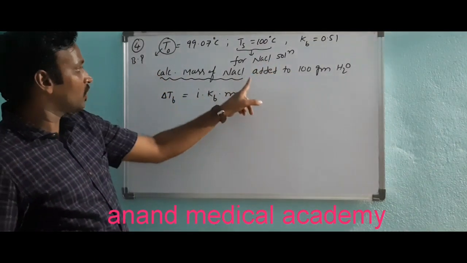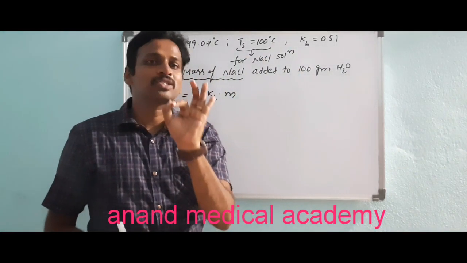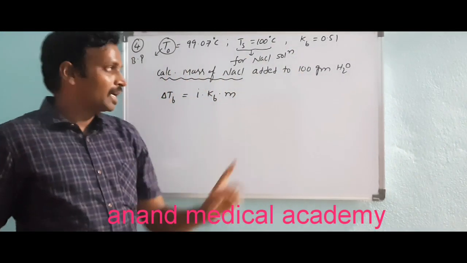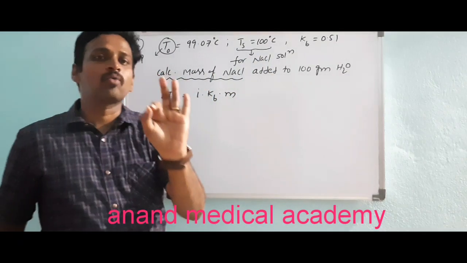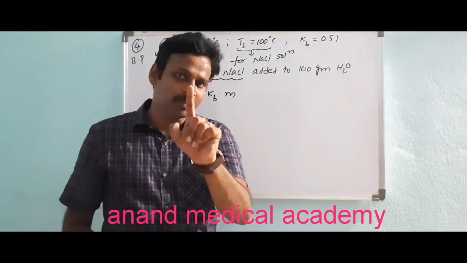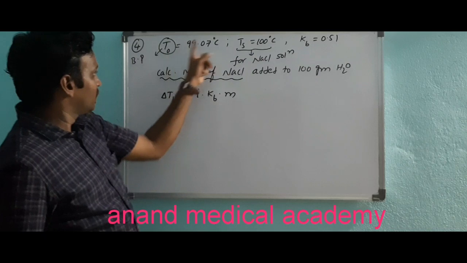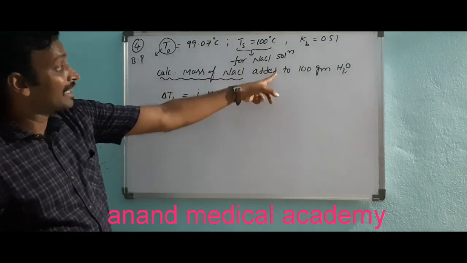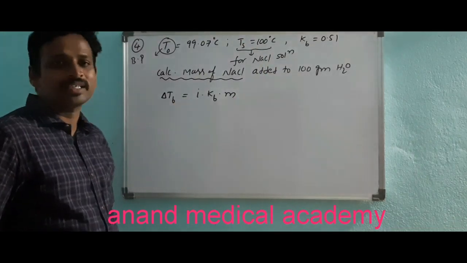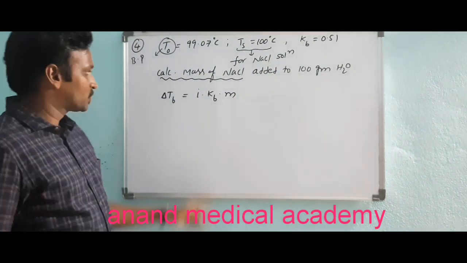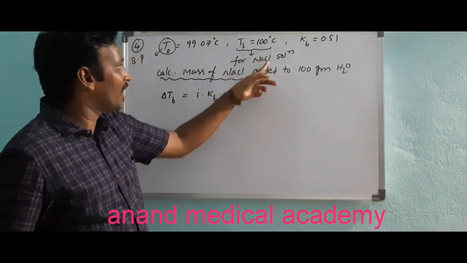That's why you observe in this numerical, it was not given how much it was dissociated. Nothing they mentioned means i value is equal to the number of particles, I told you in my previous video. So you can directly consider i as the number of ions.